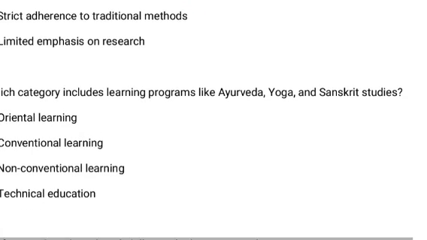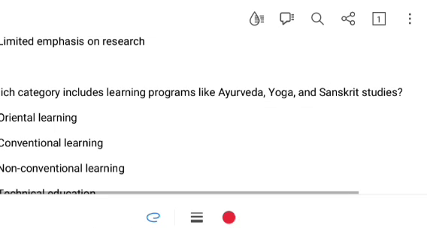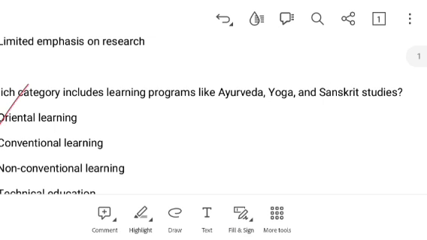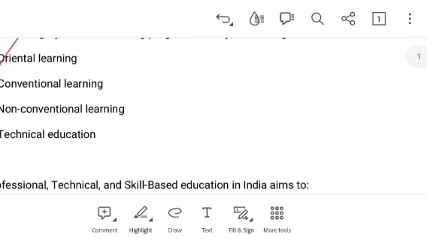Next, which category includes learning programs like Ayurveda, Yoga, and Sanskrit studies? Oriental learning, conventional learning, non-conventional learning, or technical education? So this question's answer will be Oriental learning. Option A will be correct. Moving on.